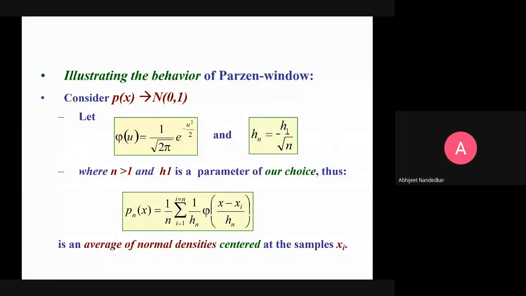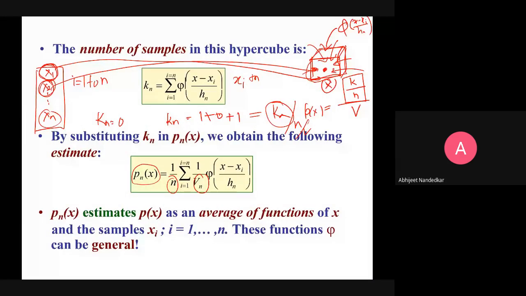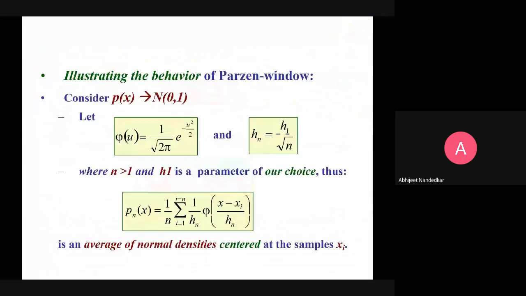Now instead of this kind of a rectangular cubical structure, hypercube, we can use the Gaussian window as well. Okay, so we can use n-dimensional Gaussian window instead of this cubical structure.